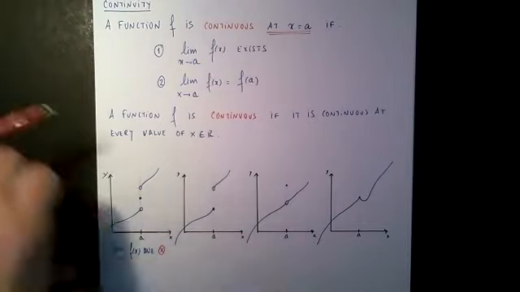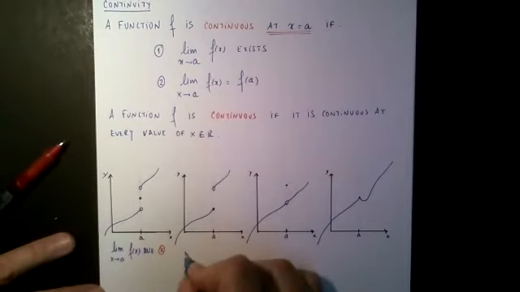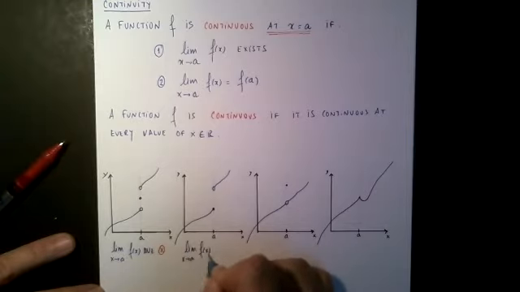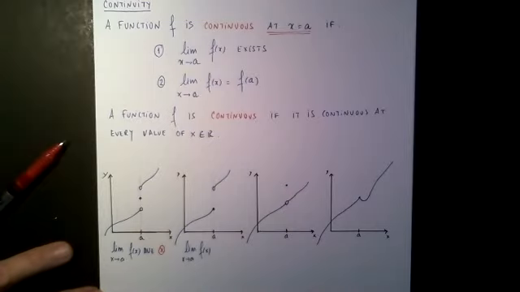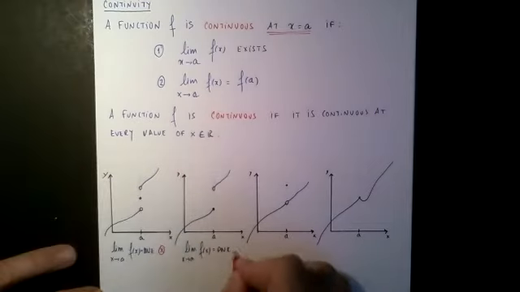Let's go with the second one. Does the limit exist here? Does it exist? No. It doesn't matter whether the dot is full or not. It still doesn't exist because from the left and from the right, it is not the same.